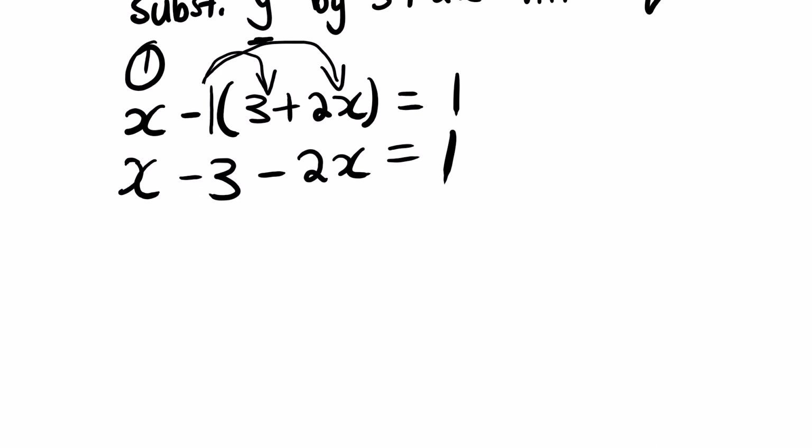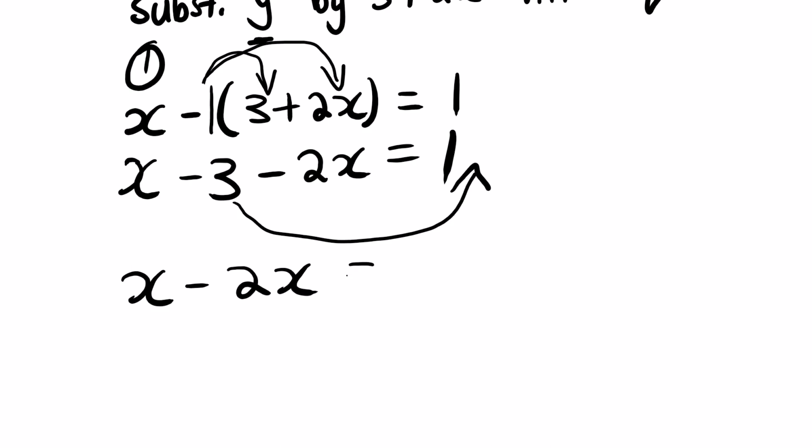We take all the terms which have a variable one side and all the terms which don't have a variable to the other side. Now we can see that from here we can transpose 3 to the other side. So we have x minus 2x is equals to 1 plus 3.